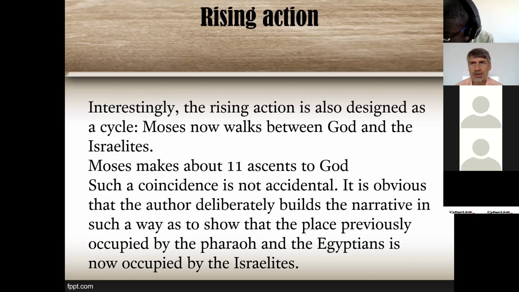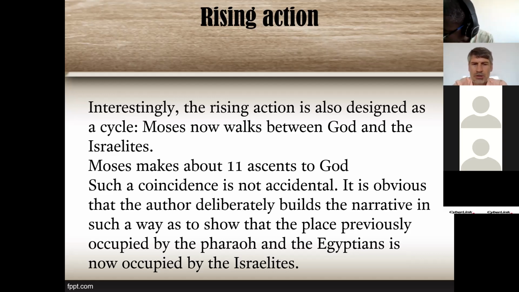When we speak about the 10 Commandments, there is a good question: where was Moses when the 10 Commandments were pronounced? Was he with the people or was he with God? According to the narrative, it's very difficult to see where Moses was. That is why we can say it is about 10 ascents from people to God that we can find in the second part of the narrative.